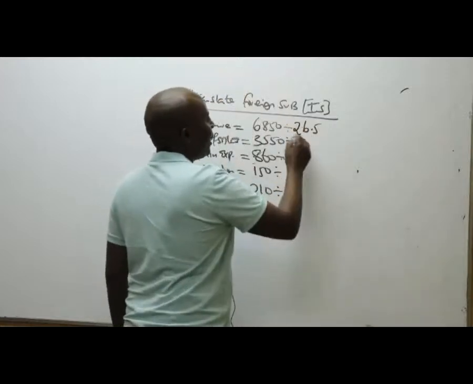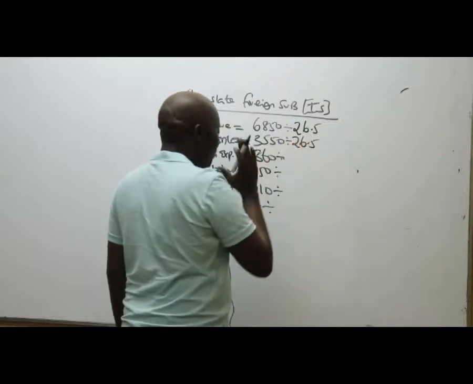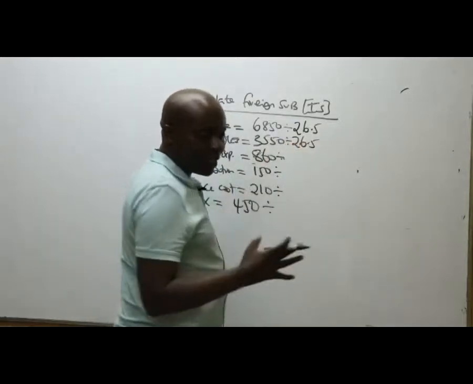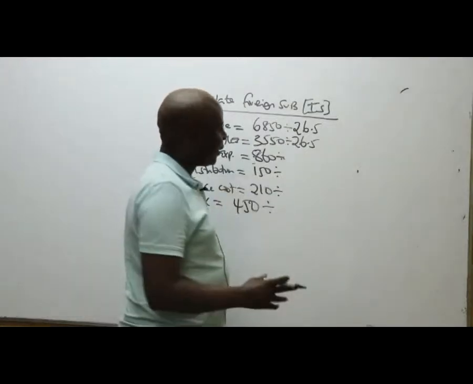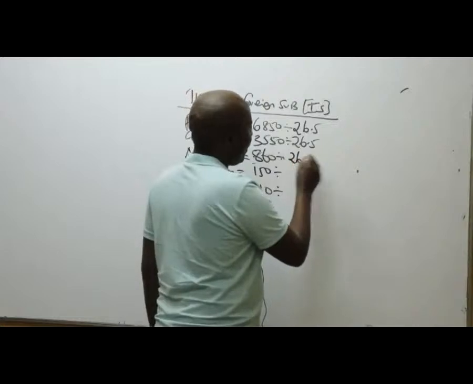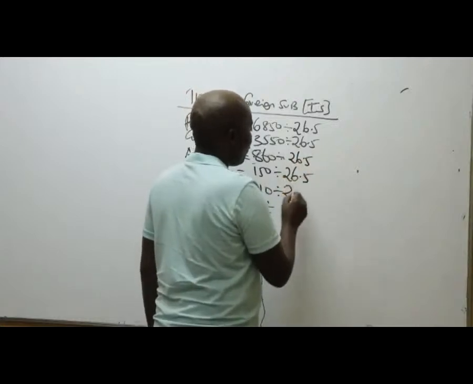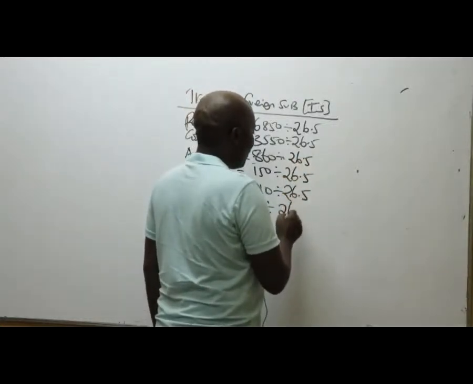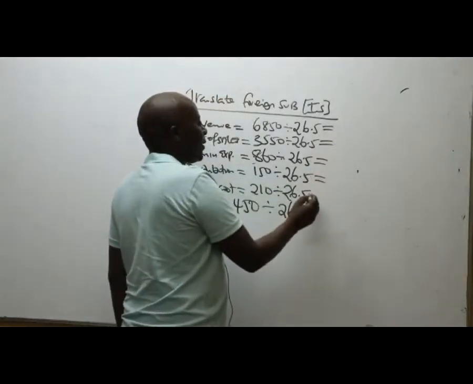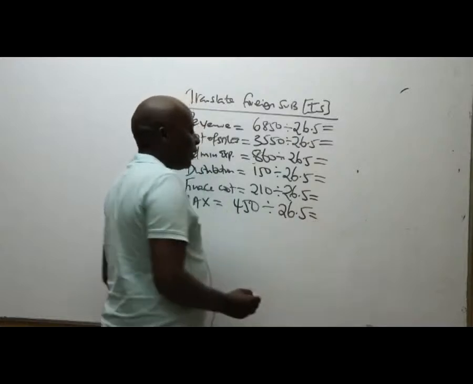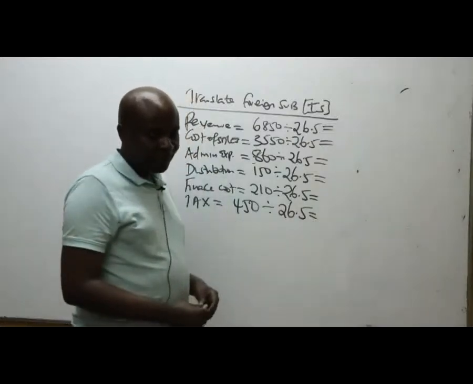Remember, income statement items, translate them always using the average rate. So divide by 26.5. Could you kindly give me these figures very fast?